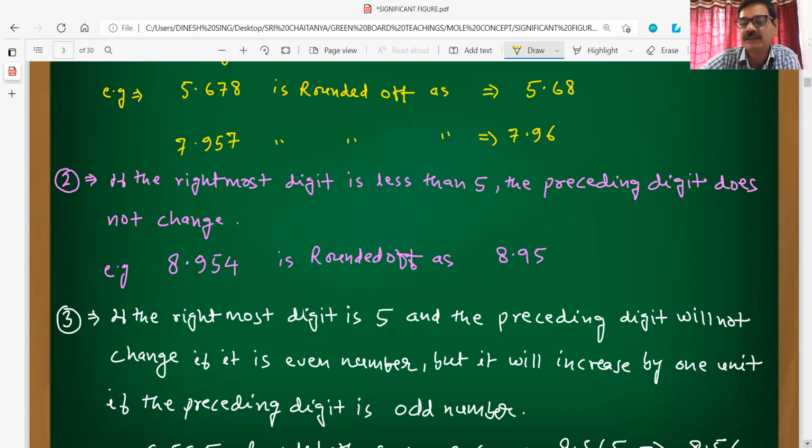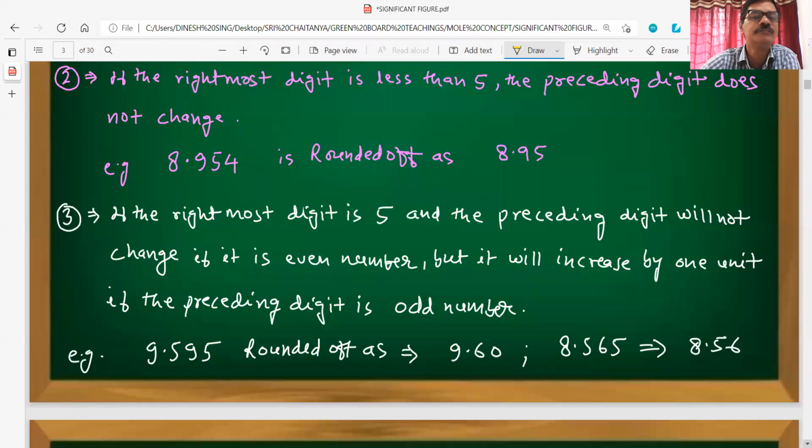After this, we can see the third rule. If the rightmost digit is 5, the preceding digit may or may not change. Suppose the rightmost digit is 5, like in this case. The preceding number's value will not change if it is an even number.